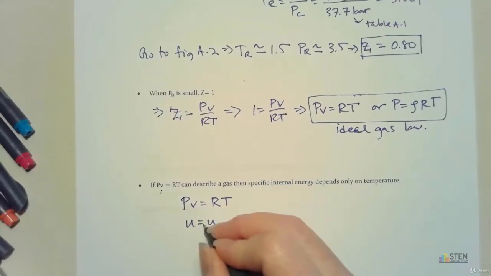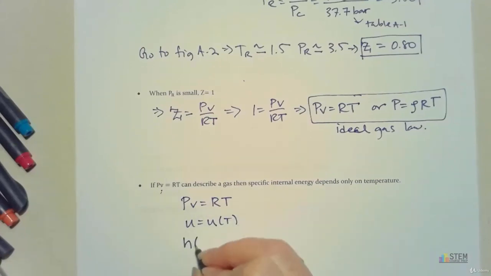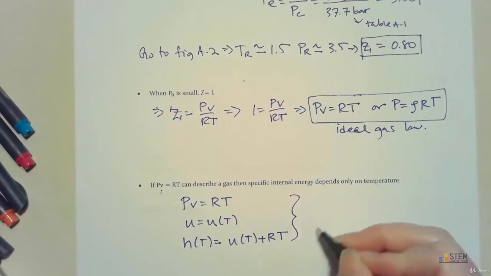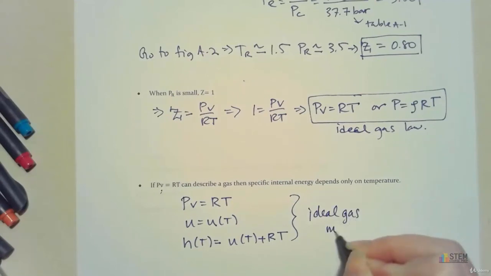Specific internal energy is going to just be a function of temperature, and our enthalpy is also going to just be a function of temperature. All right. R will change based on your substance, but otherwise we just have temperature in here. So these three things here give us our ideal gas model.